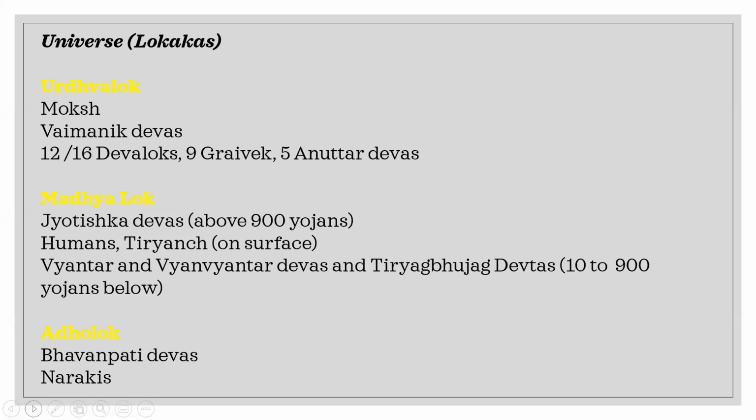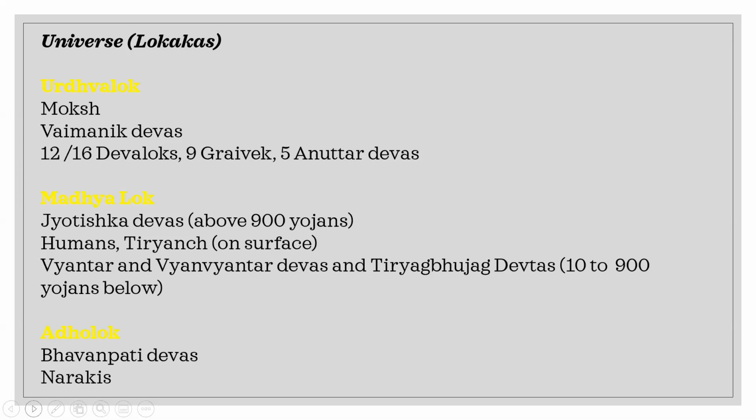And the first 2.5 Dvips and Samudras is known as Adi Dvip. And in this Adi Dvip, you have got all the Jyotish Devtas that are mobile. That means there are 5 types of Jyotish Devtas we saw last time. Those are the sun, the moon, the constellations, the planets, and the nakshatras.